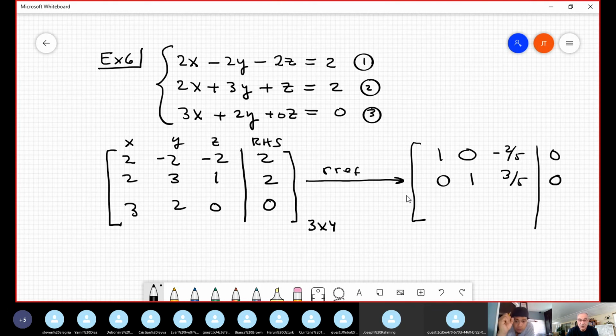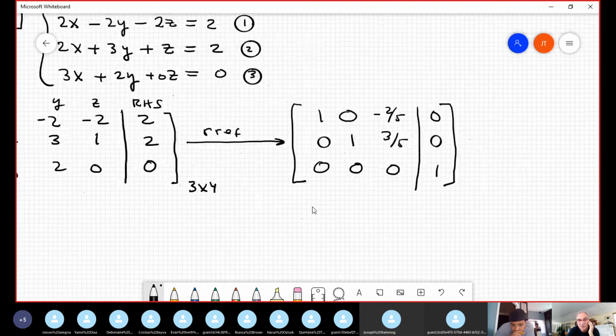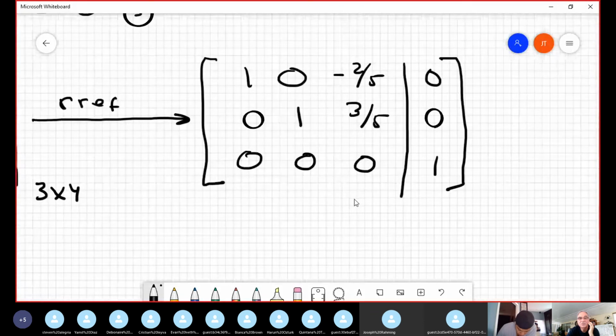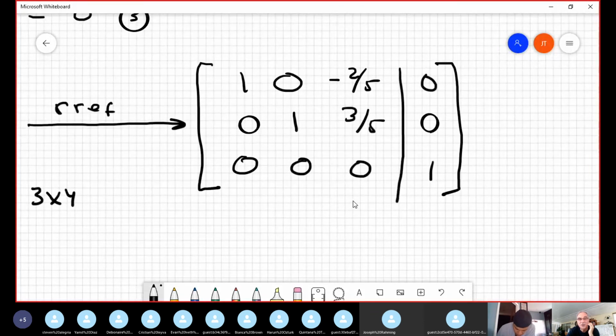And the last is 0, 0, 0, 1. Let me make an interpretation of this answer. What do you think? We have one solution, infinitely many solutions, or no solution? Help me, guys, to understand this complicated problem.